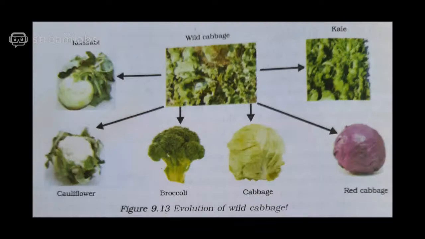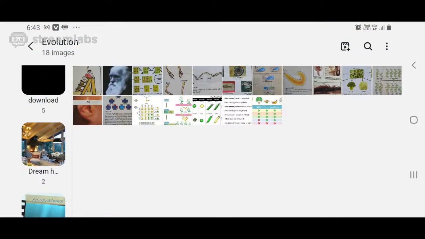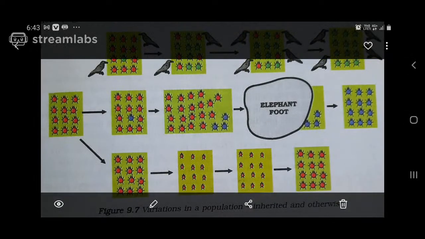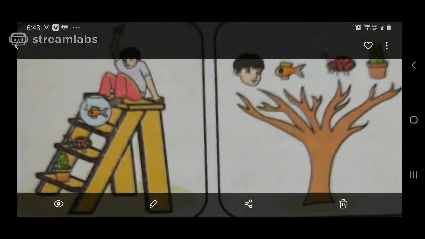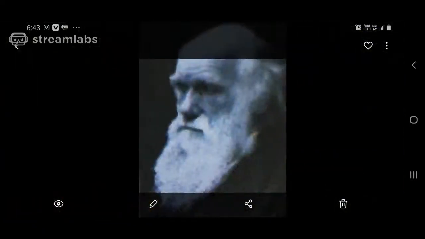Father of genetics. And Charles Darwin, he is Mr. Charles Darwin. When he was 22 years old, he went on a 5 year voyage to an island. And there he studied a lot on different organisms, apes, birds, and many other organisms.